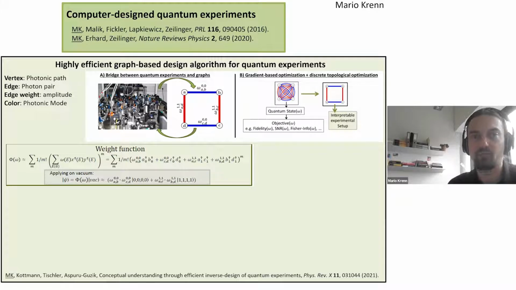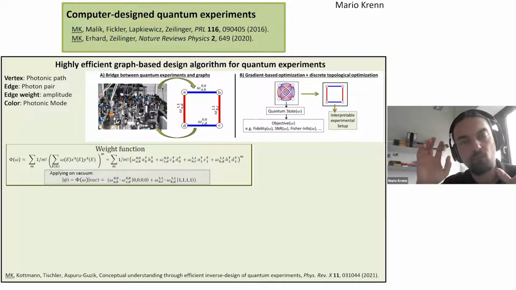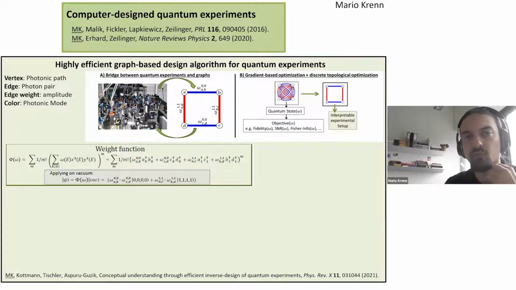of those weights. So our algorithm starts usually with a complete graph, because a weighted complete graph is the most general thing that you can build in an experiment. And the algorithm then uses those objective functions and maximizes them by changing the weights of this graph.